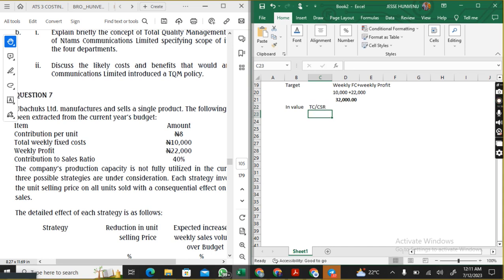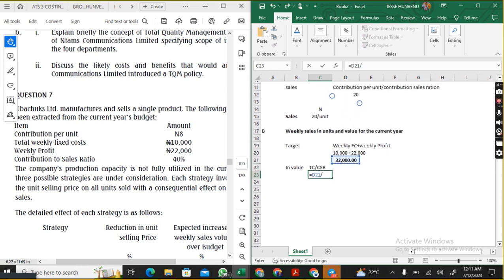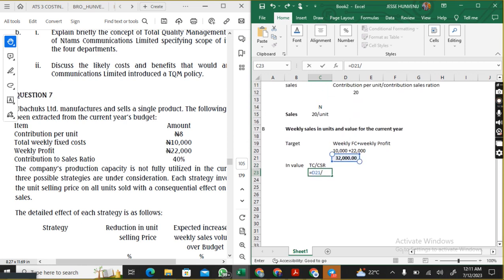So we have 32 divided by our contribution ratio, which is 40, so that means 0.40. That gives 80,000 naira in value.